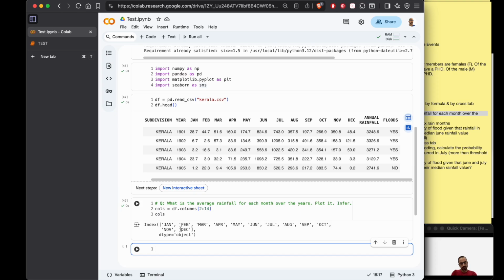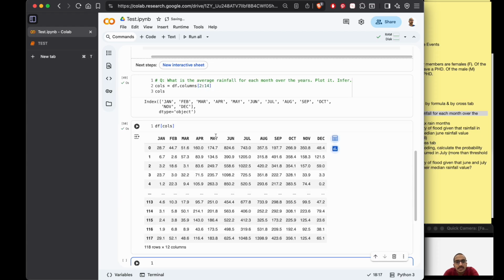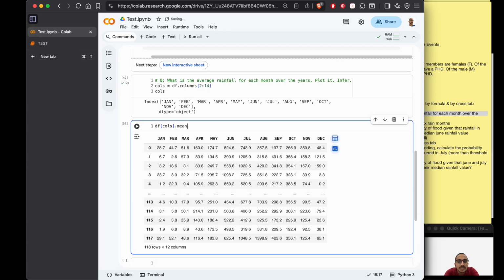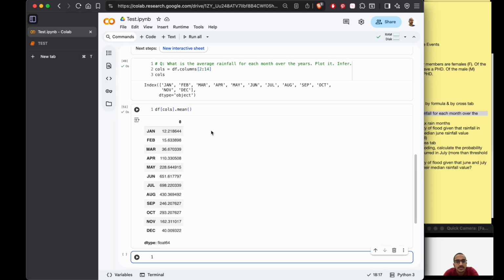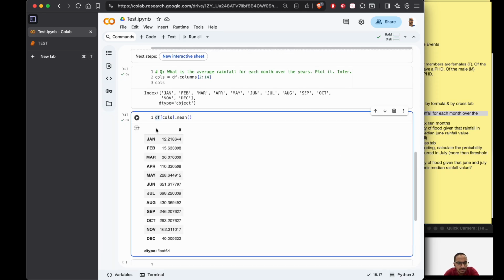So I will iterate on these columns, and no, I don't think I have to iterate. df of these columns dot mean. I think this should give us our mean. There it is. So that's how we just do it.